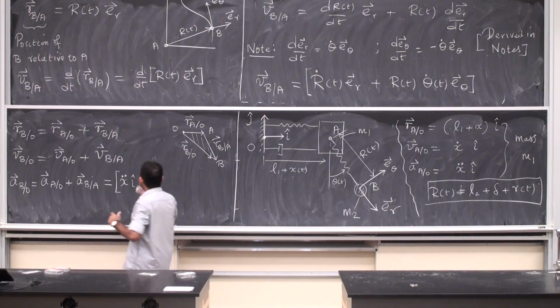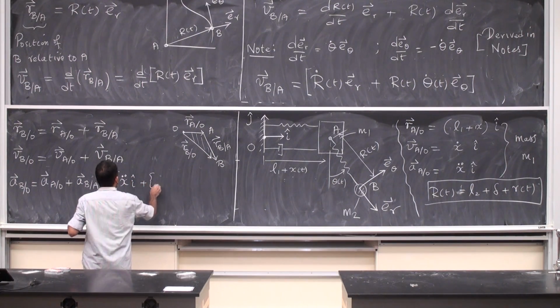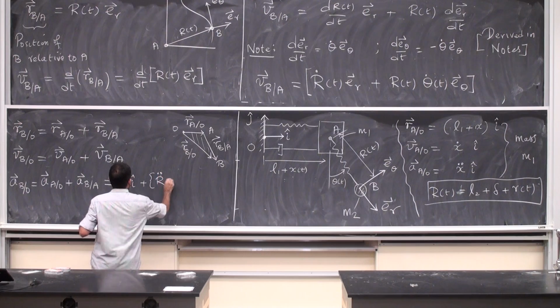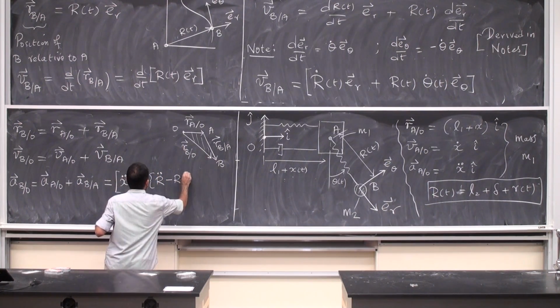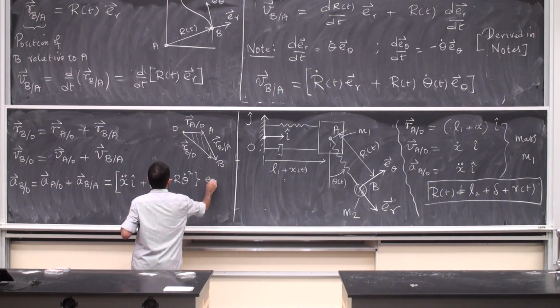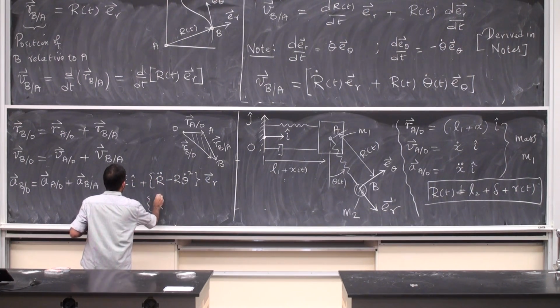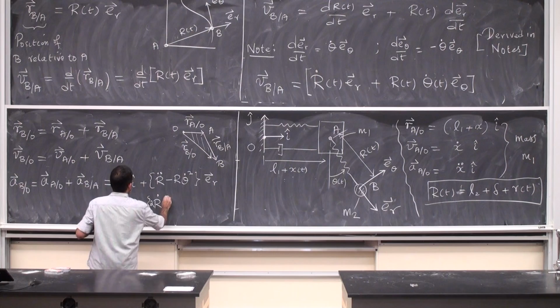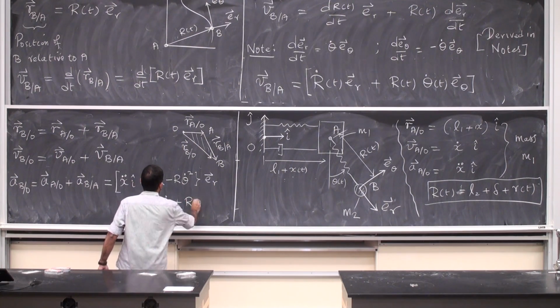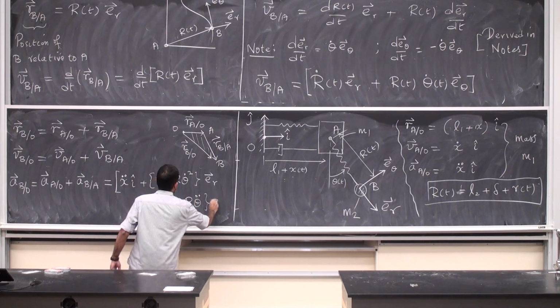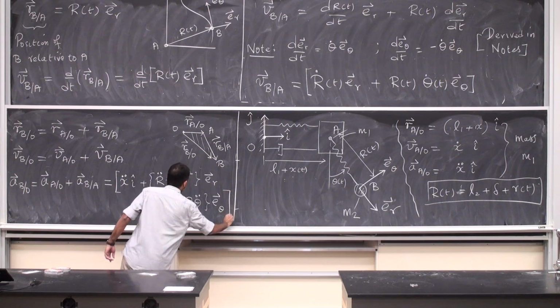Okay, so in this case I'm going to have R double dot minus R theta dot square E R plus 2R dot theta dot plus R theta double dot E theta.